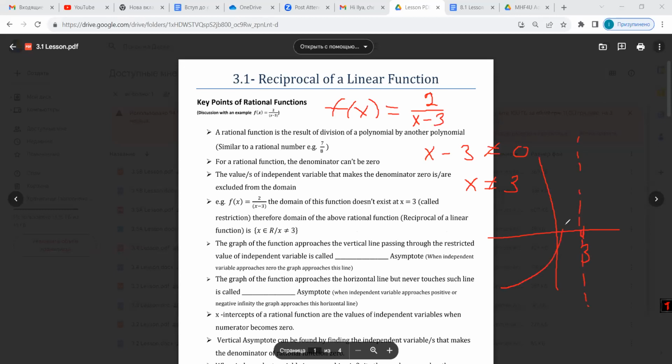Let's say our graph would approach it something like this, but it would never cross it. This is the vertical line that passes through x equals 3, the restricted value of the independent variable, and it is called an asymptote.